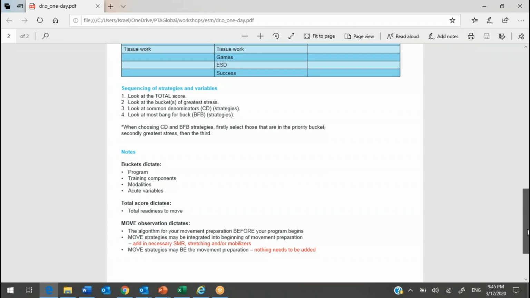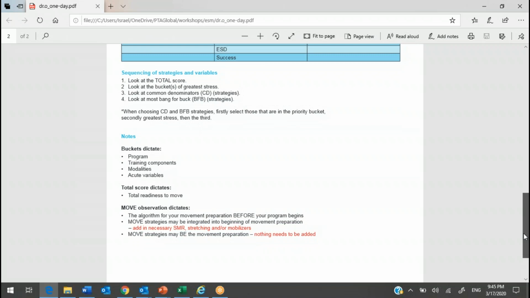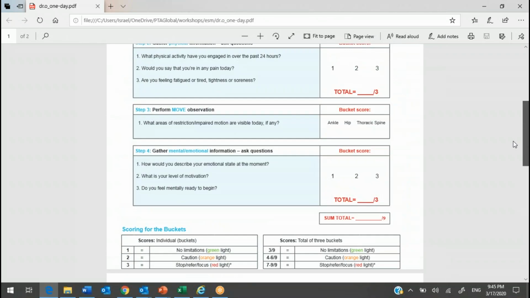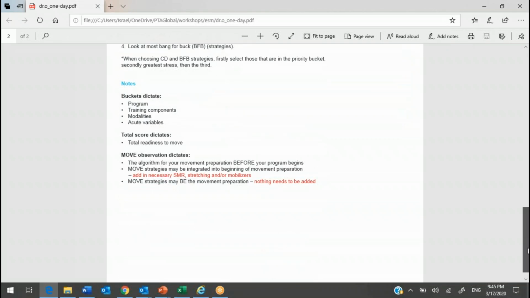But you are smart, you are savvy, you're educated and empowered, and so you're going to be able to basically differentiate yourself from the average Joe trainer by having a tool like your daily readiness observation tool and meet that client where they need to be met.